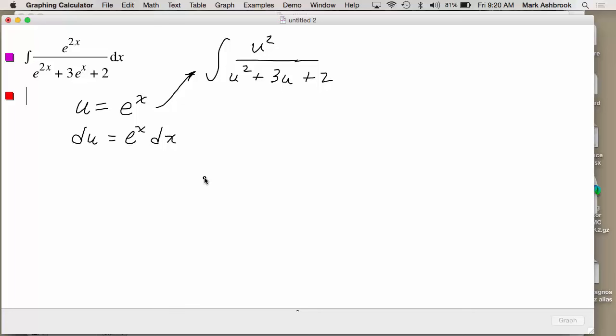It equals du over e to the x. And what do we call e to the x? That's what we said was u in the first place. So dx does not equal du. It actually equals du over u.